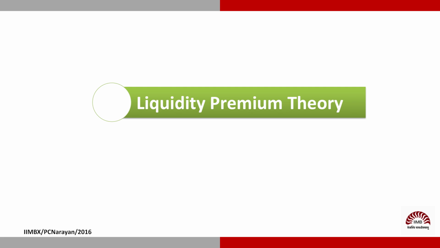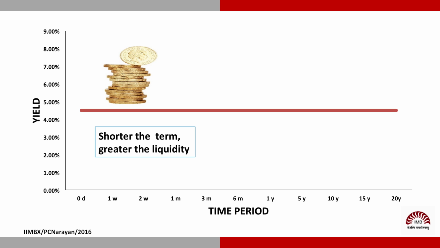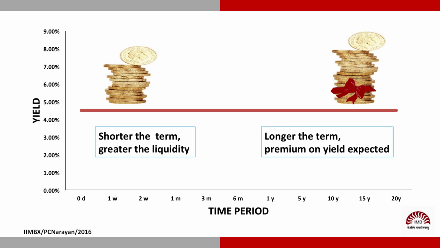Next, we look at the impact of liquidity premium theory on the yield curve. Liquidity premium theory simply states that short-term maturities imply greater liquidity, and therefore savers are willing to hold securities for a longer term if there is a premium offered on the yield or the interest rates.